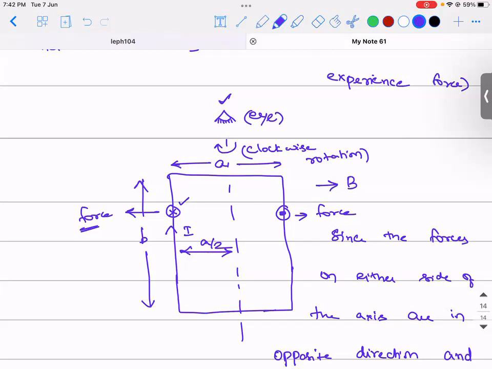What are clockwise moments? Negative. So clockwise moments are always away from you. So here you are here. Okay. So something away from you means it should be in this direction. This direction is minus J cap.